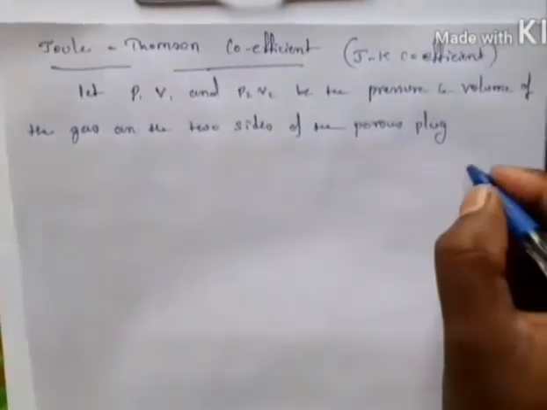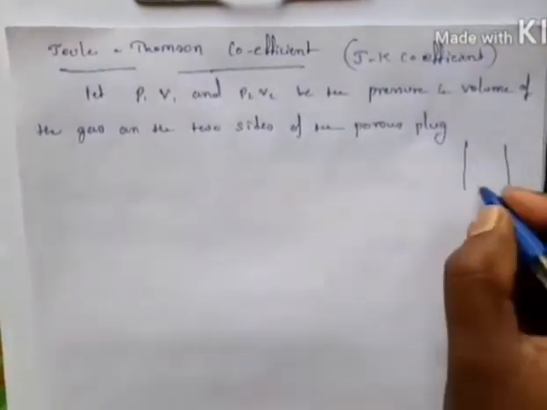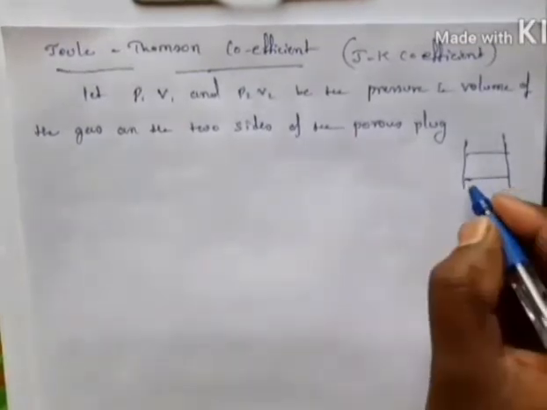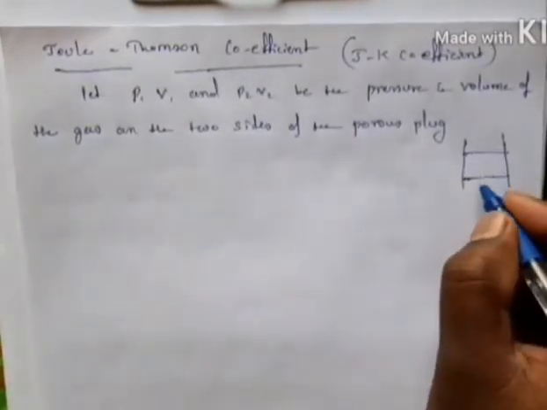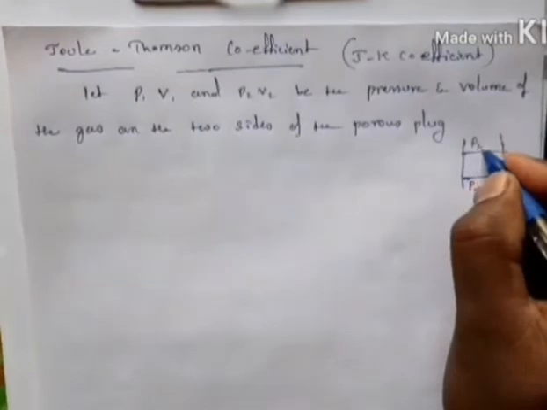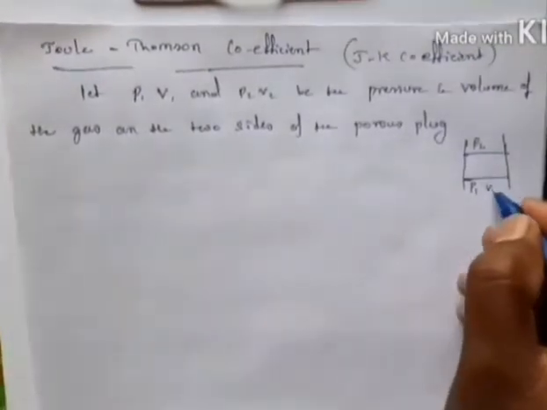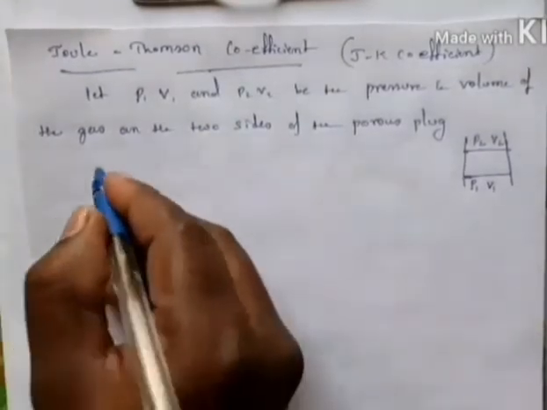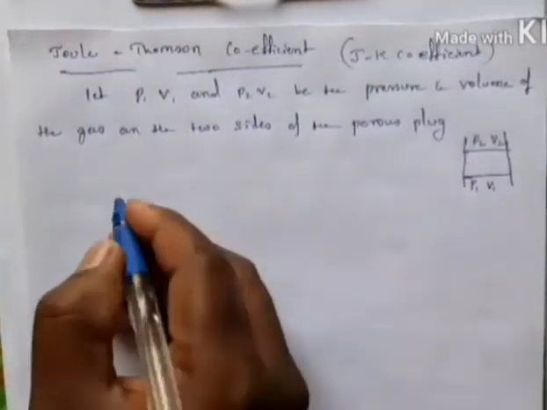So we discussed there a porous plug. Here it is a porous plug which contains two brass discs. Here P1 we took, and here it is P2, and V1 and V2 be the pressure and volume of the gas on the two sides of that porous plug.